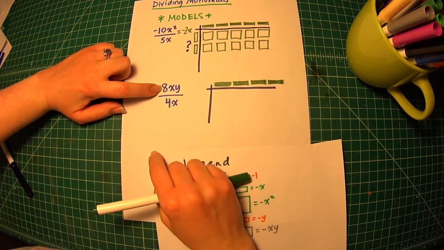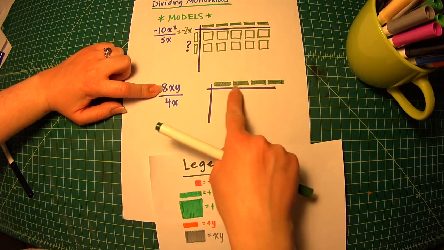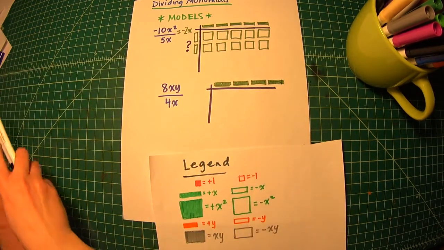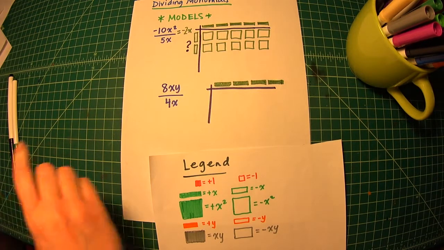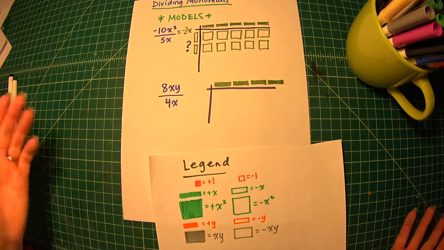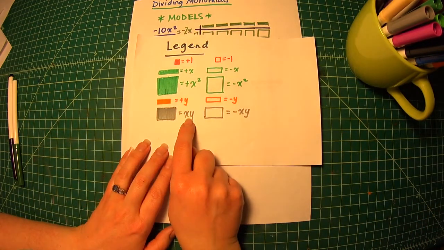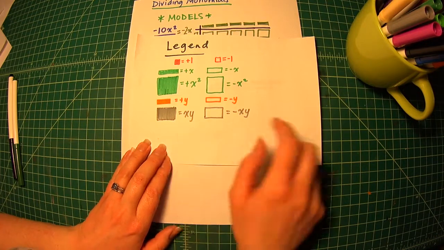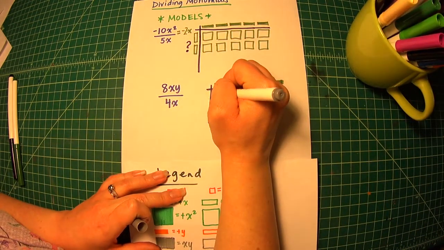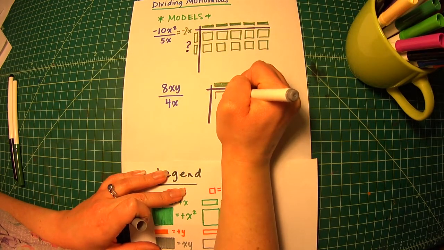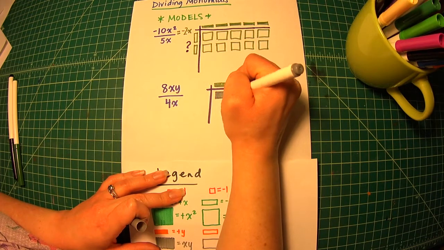And then the number being divided by those 4x is the 8xy. So that now goes in the middle. Remember, we're working backwards from what multiplication is. So 8xy, and it's positive because there's no negative sign. My xy's are right here, the gray one. That's what I need to draw in. I'm going to have to shade them in too because they're positive.